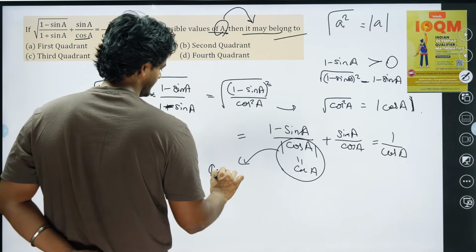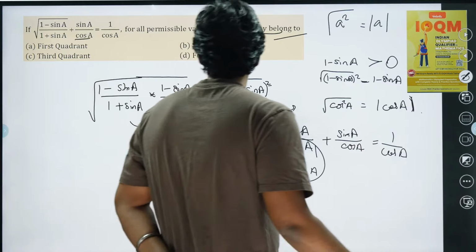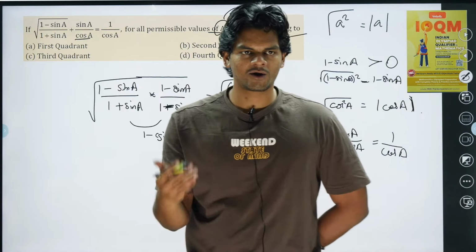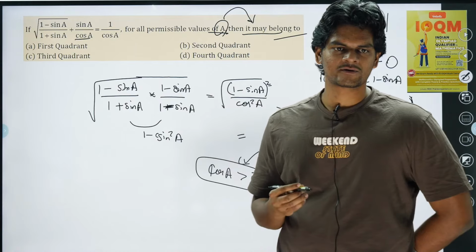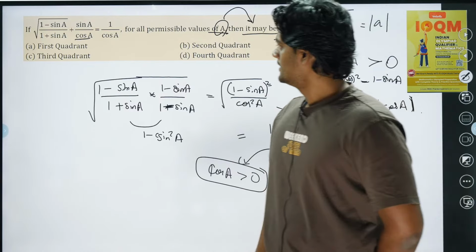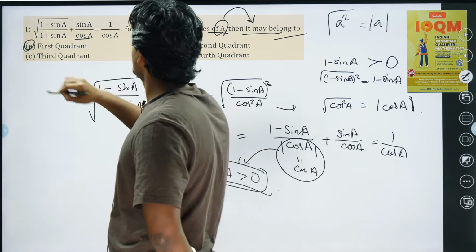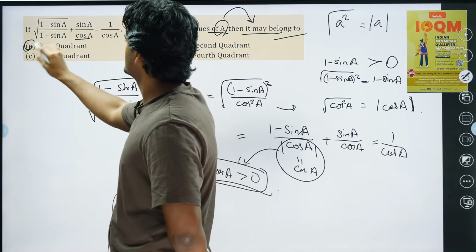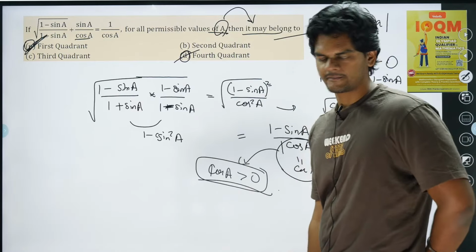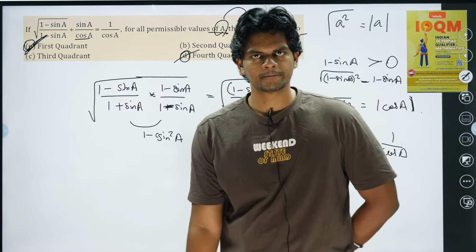This happens when cos A is positive. What are all the quadrants where cos A is positive? Two answers. Very good, people. Cos A is positive in the first quadrant and the fourth quadrant. These two. Two options are correct. Clear?